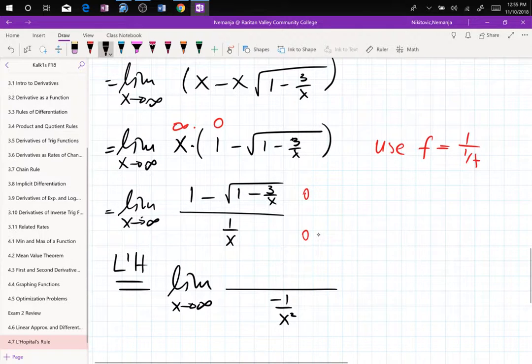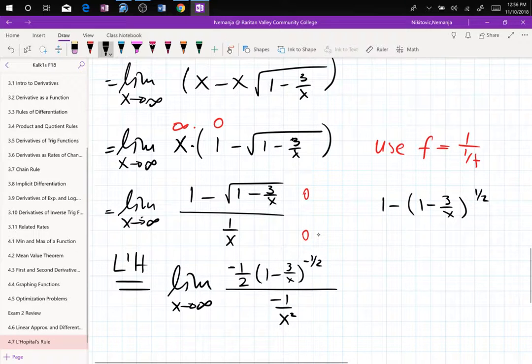This is technically 1 minus (1 minus 3 over x) raised to the 1/2. So derivative of 1 is 0. We have negative 1/2, (1 minus 3 over x) to the negative 1/2, times the derivative of the inside, which is 3 over x squared.